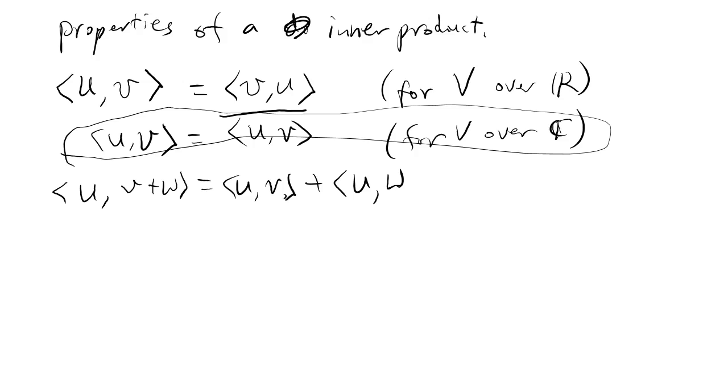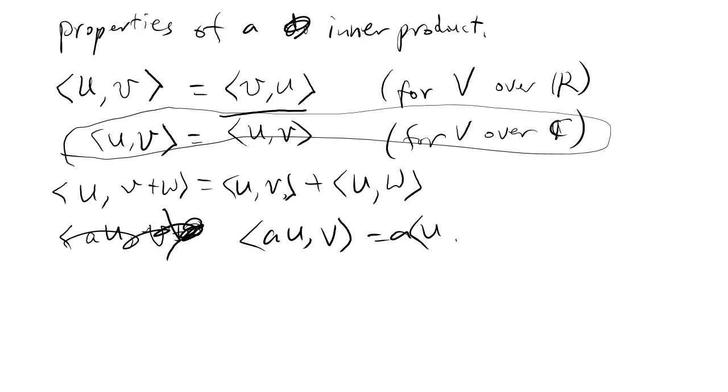And you can check that these are all true in the regular dot product that you're used to. And also it's linear. Actually, if you have aU and then V, that's the same as a times U V.